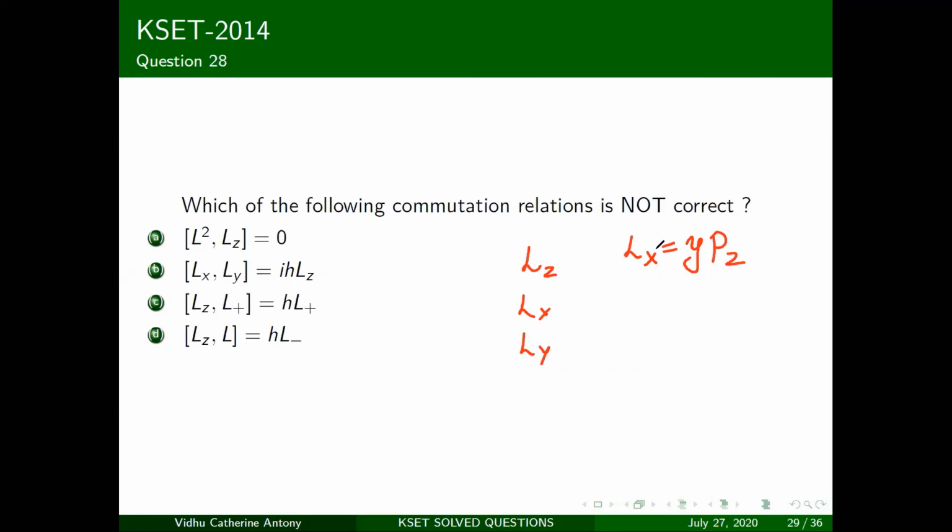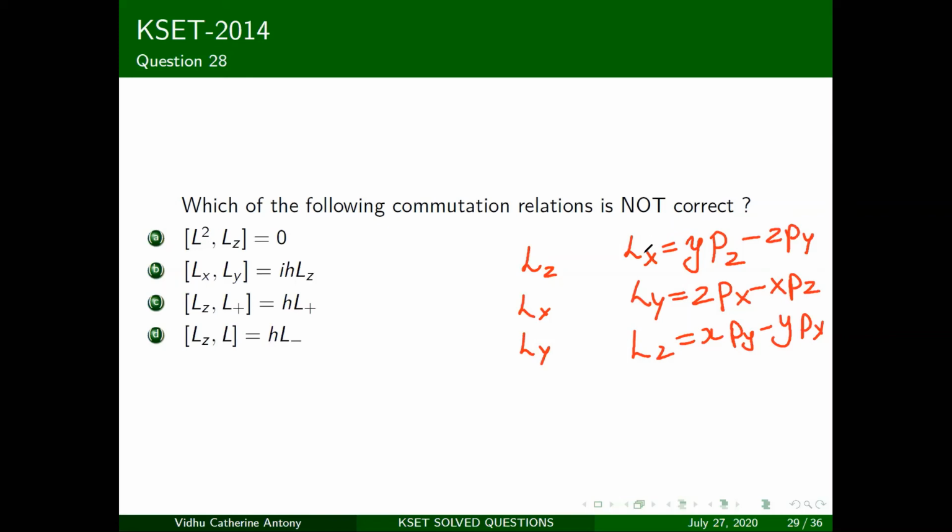So Lx is equal to y pz minus z py. Then Ly is equal to z px minus x pz, and Lz is equal to x py minus y px. That's how you write it down.